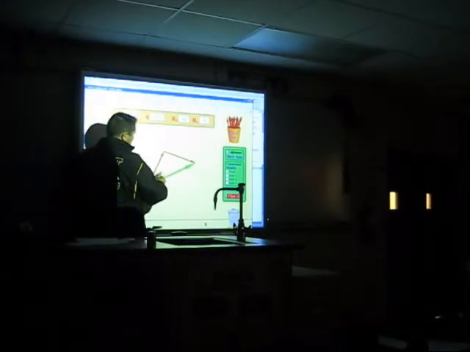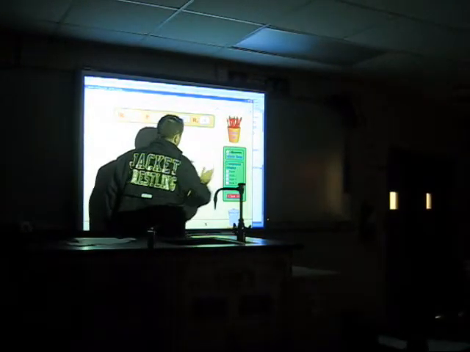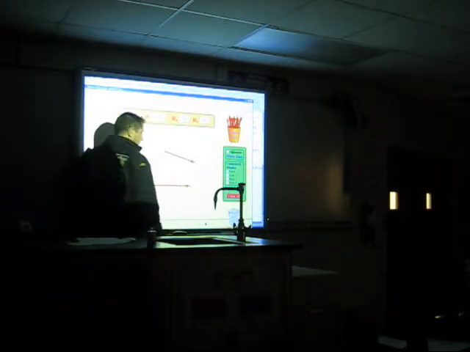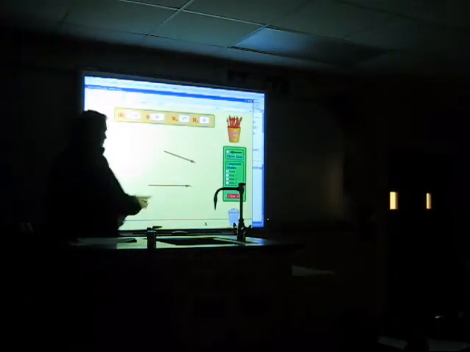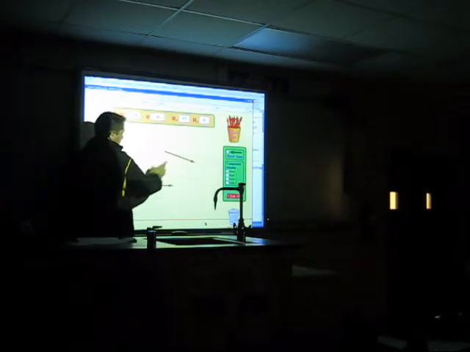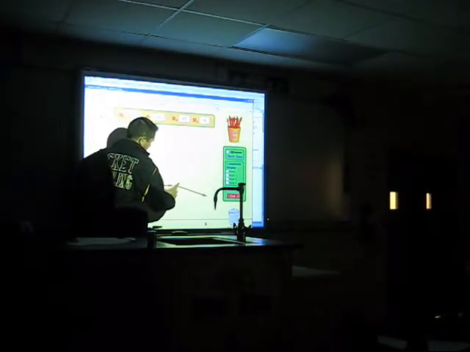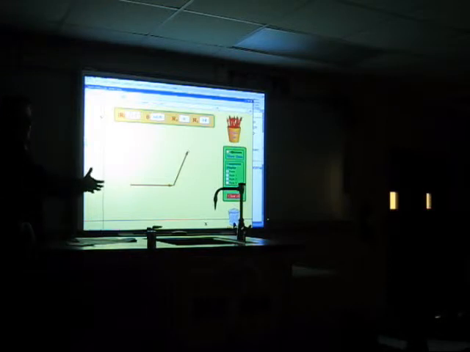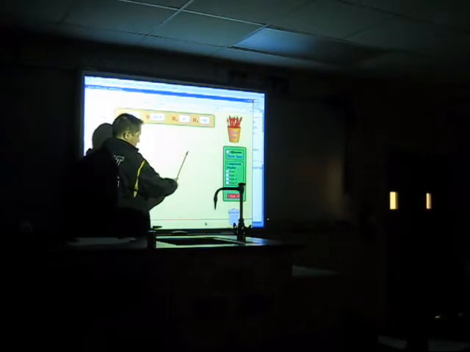Anytime you have two things that go in different directions, remember that a vector's direction is important. It's not just the magnitude, but also the direction. If you have two things going like that, and you want to figure out what the resultant is, you want to ultimately get a right triangle. So you need to break down into its components, horizontal and vertical.